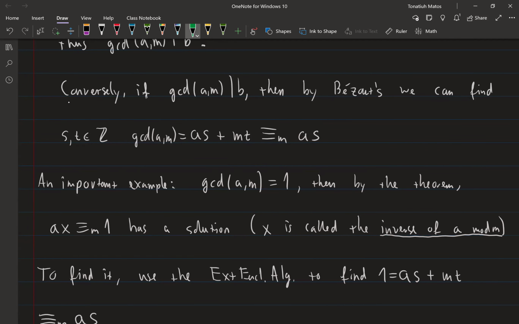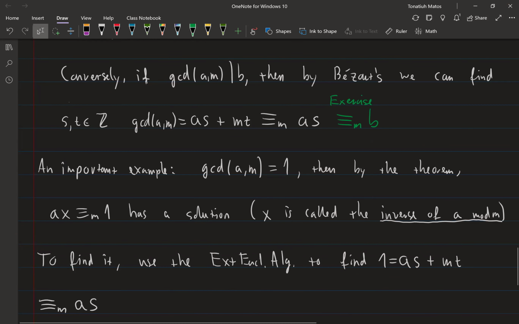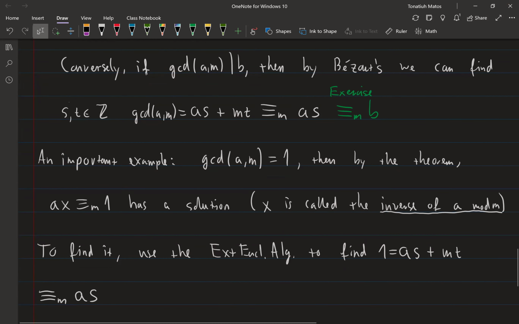Okay, why don't I leave this last bit as an exercise, and if you don't figure this out in the next minutes, I'll tell you how to do it. Exercise: how do we conclude from here? And again, the hint is I haven't used the fact that the greatest common divisor between a and m divides b, right? So the greatest common divisor has this property.